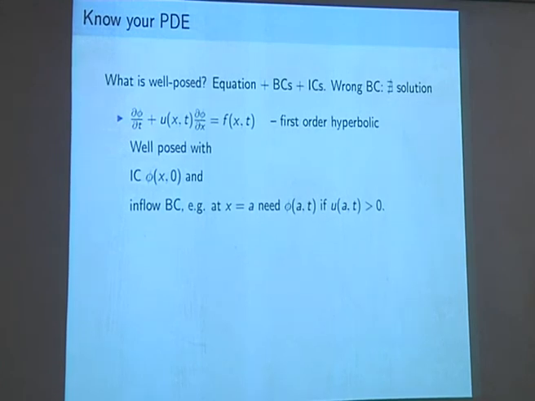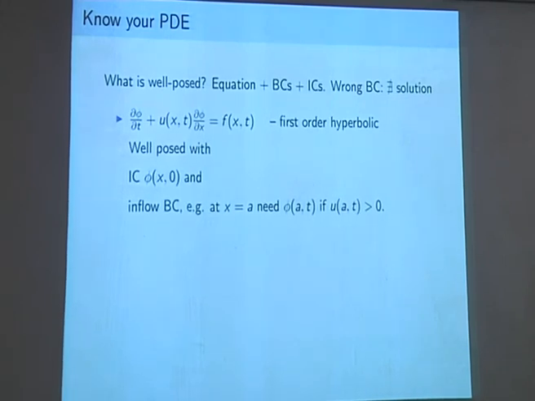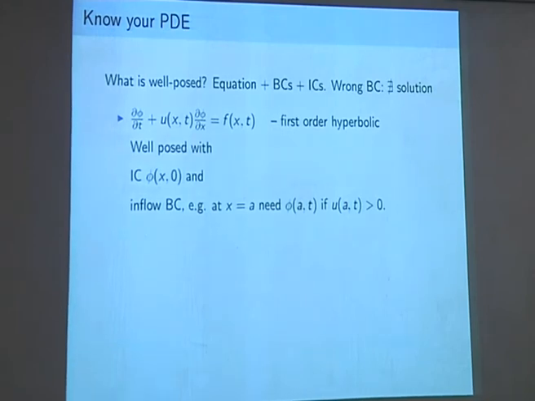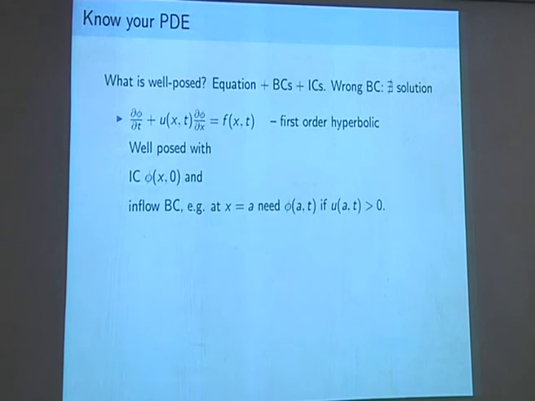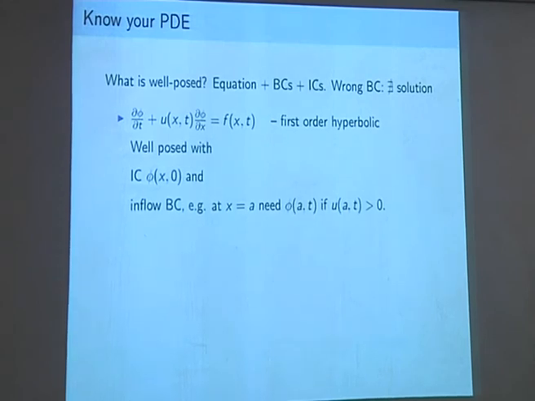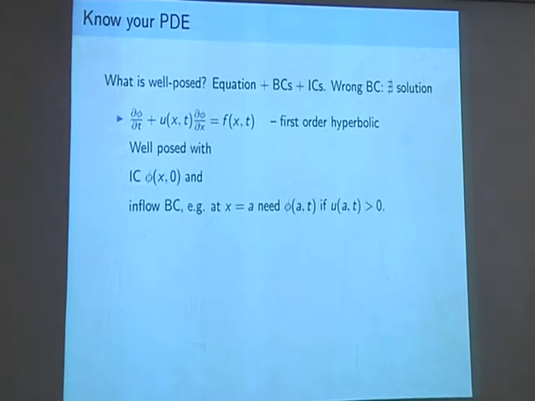It's well posed if you know the function that is being moved around, which I've got here as phi, if you know it everywhere at the initial moment, and if you're working on a boundary, say you start at x equals a and go to x equals b, and the velocity is positive at x equals a, you're going to have to tell me what is coming in, what is inflowing.